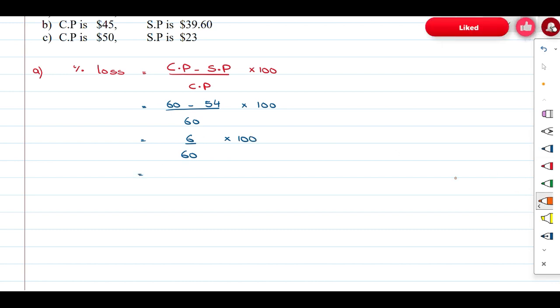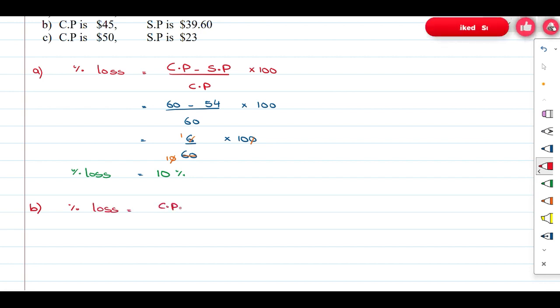So 6 times 10 is 60, and this 1 is cancelled with this 1. So this is just 10%. So the percentage loss is only 10% for part A. Okay. Now the same thing we have to do for part B, percentage loss.